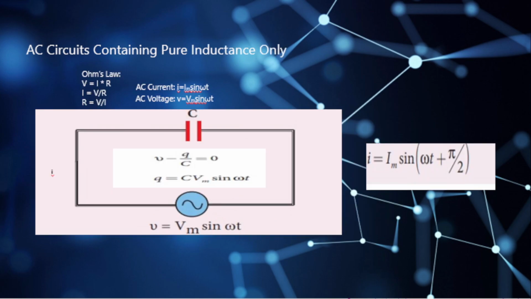However, we should at least be familiar with the instantaneous charge on a capacitor, where Q, what you see down here, is the instantaneous charge on the capacitor. The EMF across the capacitor at the instant is Q divided by C, according to Kirchhoff's law rule.